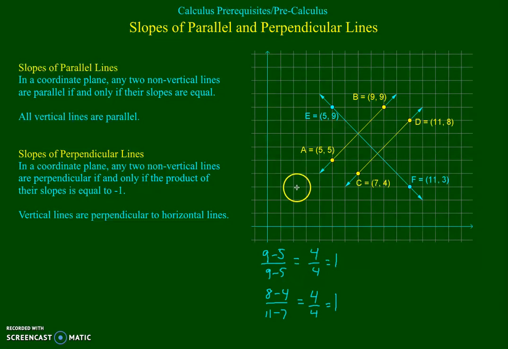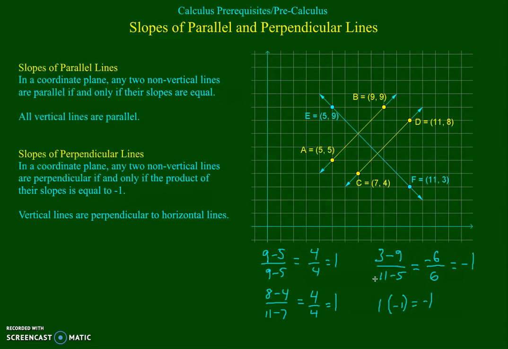So that's going to be 3 minus 9 over 11 minus 5, which is -6 over 6. And that gives us a -1. And you can see that the product of 1 and -1 is -1. So yes, in fact, these two lines are perpendicular. So that's a really cursory quick look at the slopes of parallel and perpendicular lines.